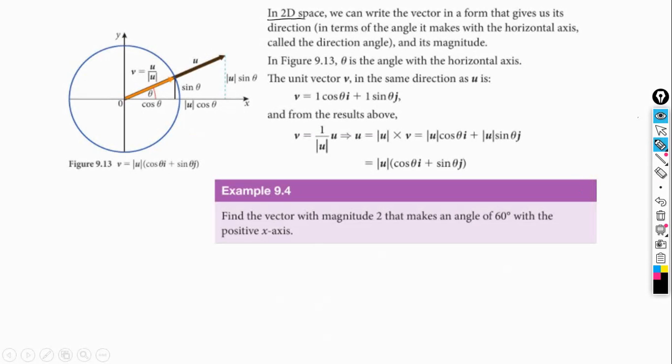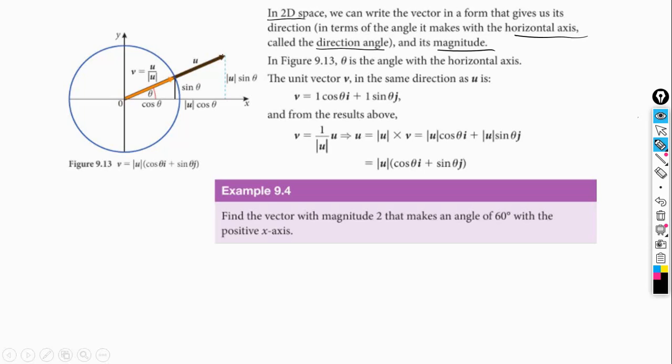In two-dimensional space, we can write the vector in a form that gives us its direction in terms of the angle that it makes with the horizontal axis, called the direction angle, and its magnitude. So if you look at figure 9.13, you're going to see a vector u. The vector u is this whole line, right, from the origin to the ending point. So all of this would be u.